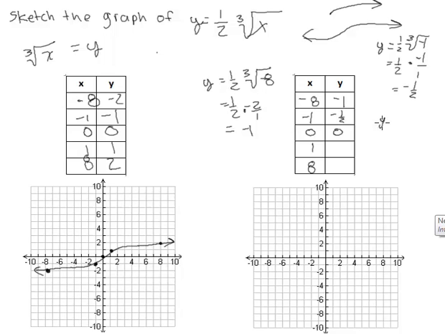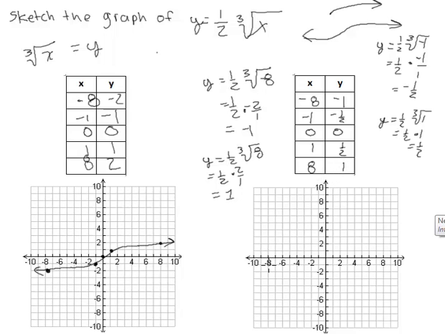When I plug 1 in, y equals 1/2 times the cubed root of 1. The cubed root of 1 is 1, so this becomes 1/2. And when I plug 8 in, y equals 1/2 times the cubed root of 8. The cubed root of 8 is 2, so that becomes 1. So now I have my points.